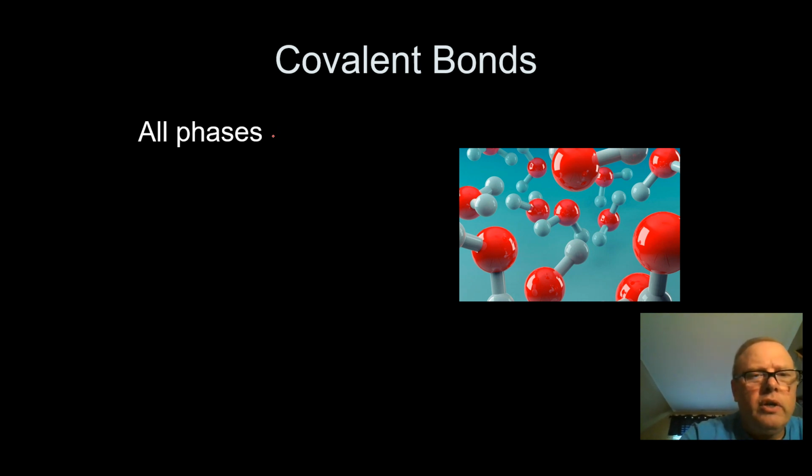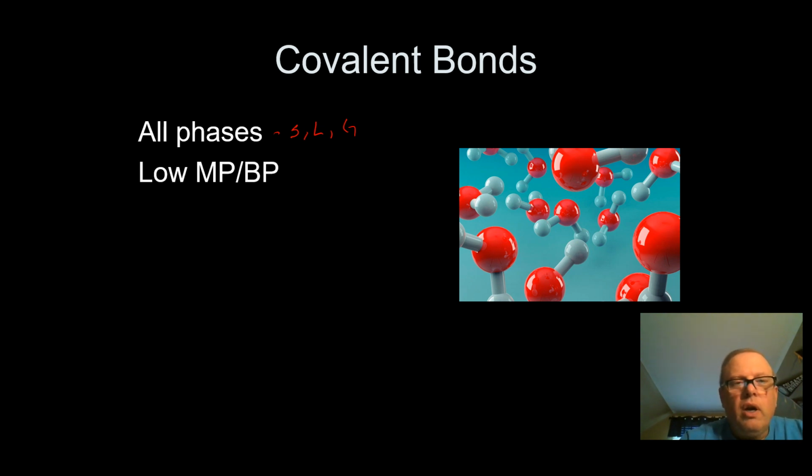So it's usually a good sign if it's a liquid or a gas that it might be covalent. That's because these bonds will be longer and they will allow things to be farther apart. They have low melting points and boiling points. It takes less energy to separate them apart, so lower energy, lower melting and boiling points.